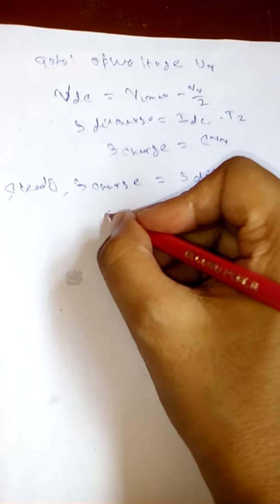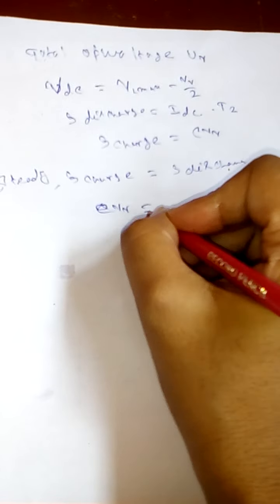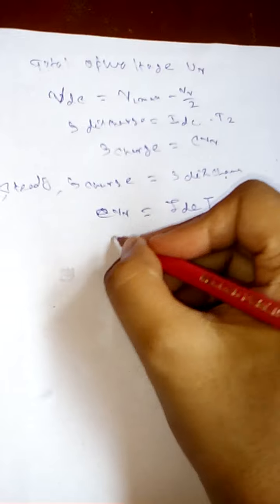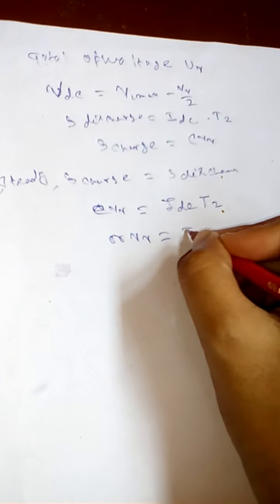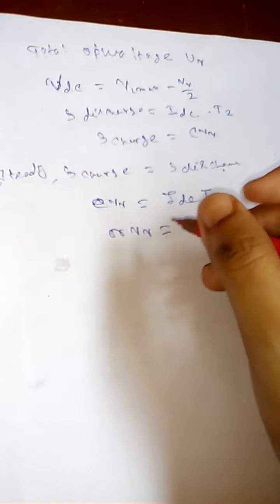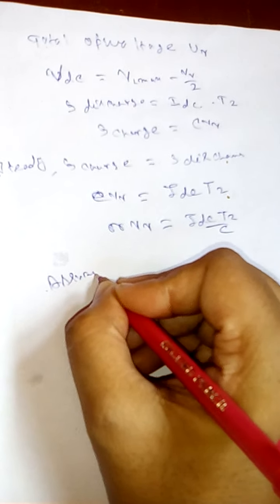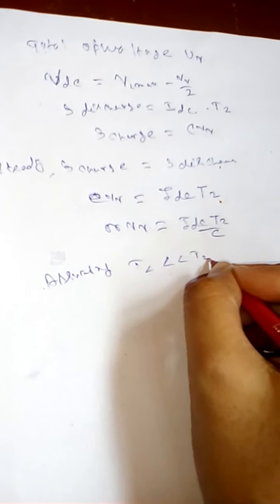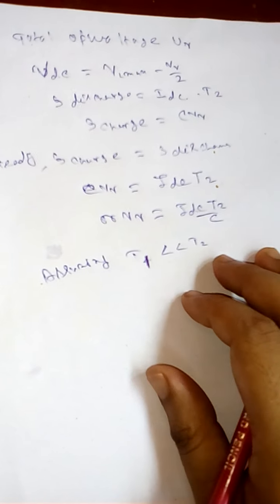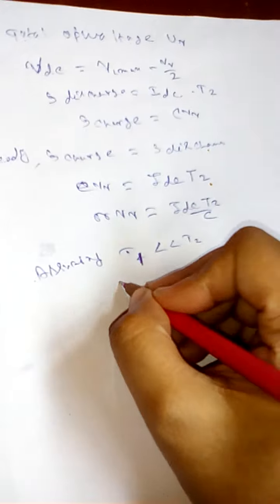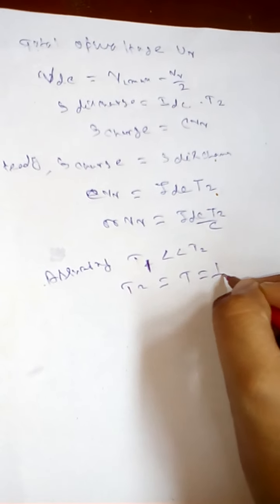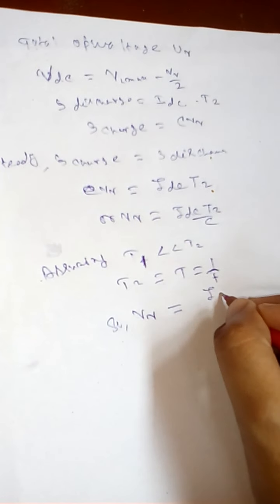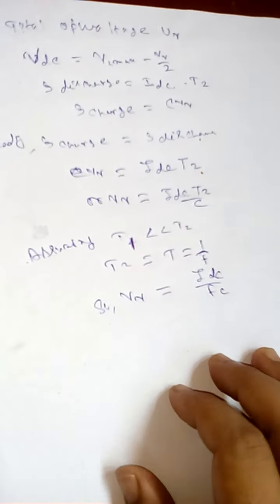Charging is equal to discharging. So C VR is equal to IDC into T2, so VR equals IDC T2 by C. Assuming T1 is very much less than T2, T2 equals T equals 1 by F. So VR we can write as IDC by FC.